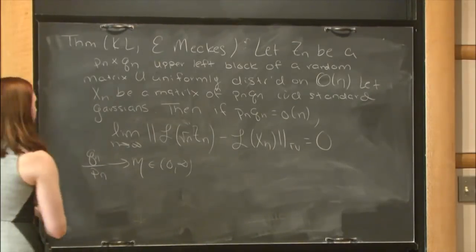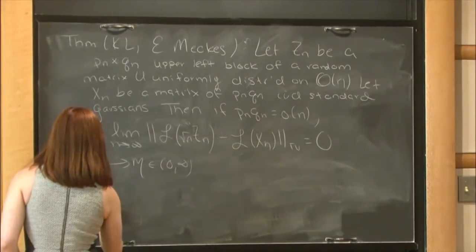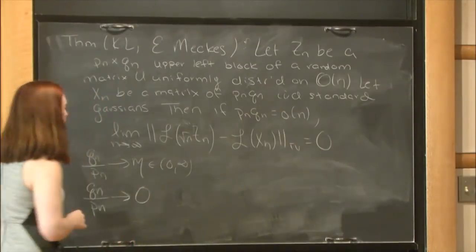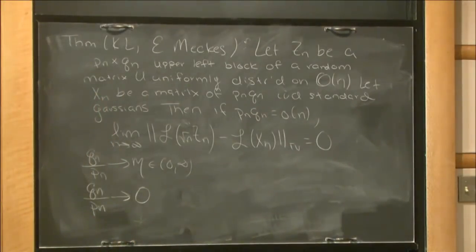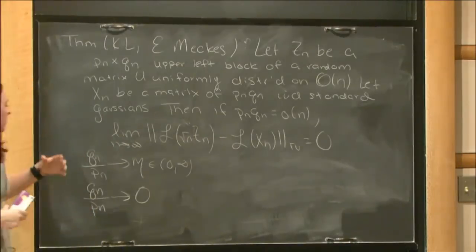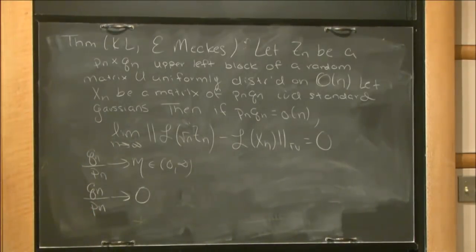The interesting case is going to be when Qn over Pn tends to 0. So Pn is going to infinity, it could be almost like n, and Qn is staying bounded. Okay? So here, what you end up needing is you're going to be looking at covariances of traces of powers of Wishart matrices, which I'll do in a second.